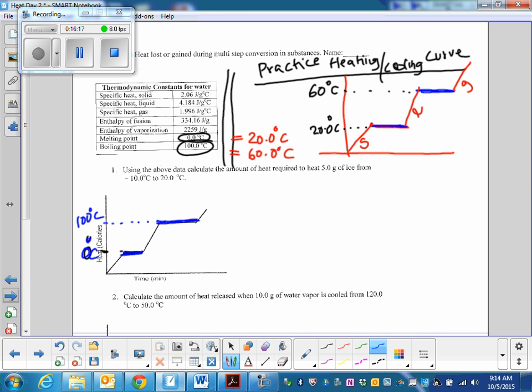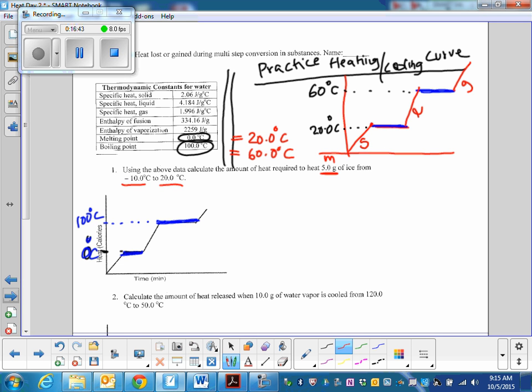Everybody good? Okay. So now, let's read the problem. They're asking you to calculate the heat required to heat 5 grams. What is 5 grams? Is it specific heat? Is it mass? What is it? It's the mass of the substance. Now, they want you to go from -10 to 20.